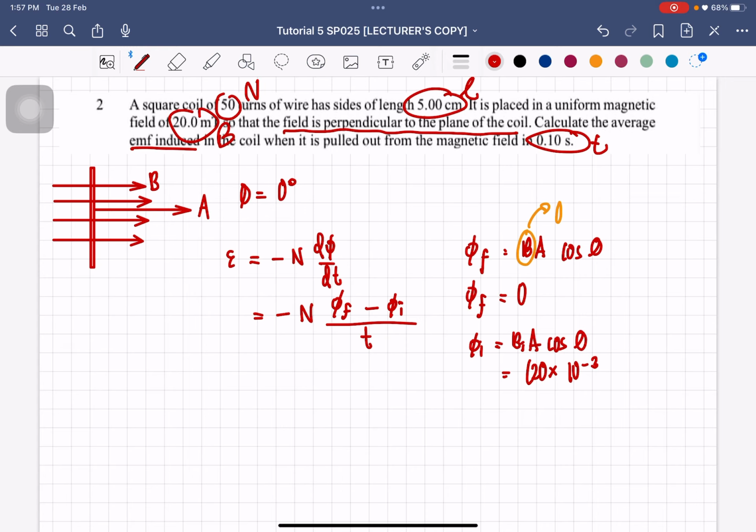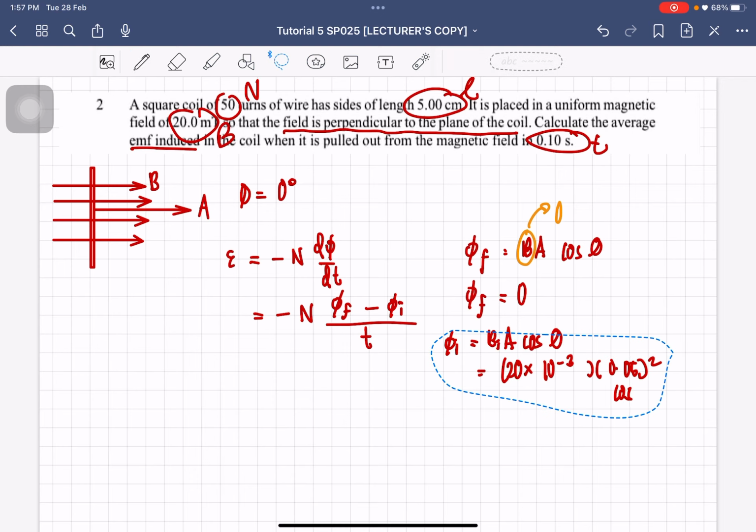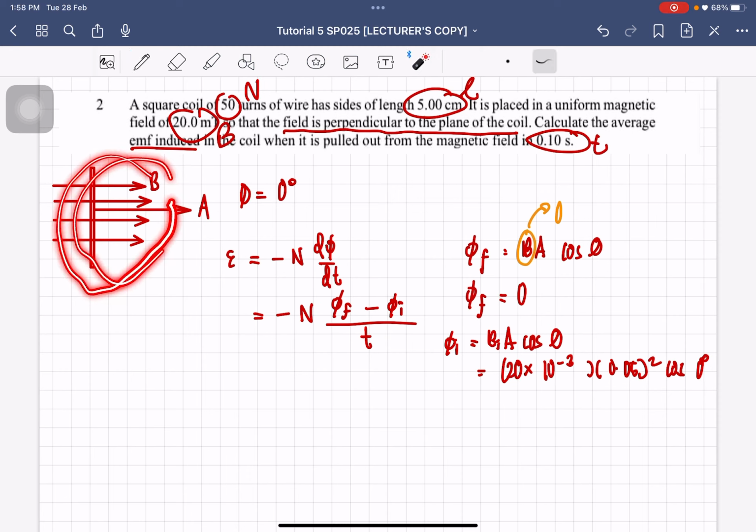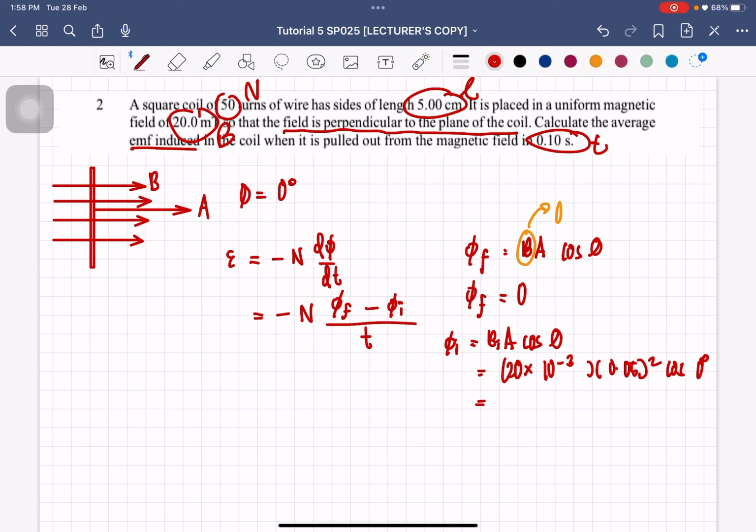The area is L times L, so that is 0.05 squared, and then cosine of 0 degrees. Why 0 degrees? Because the magnetic field is perpendicular to the plane of the coil. So we get 5 times 10 to the power of negative 5 Weber.